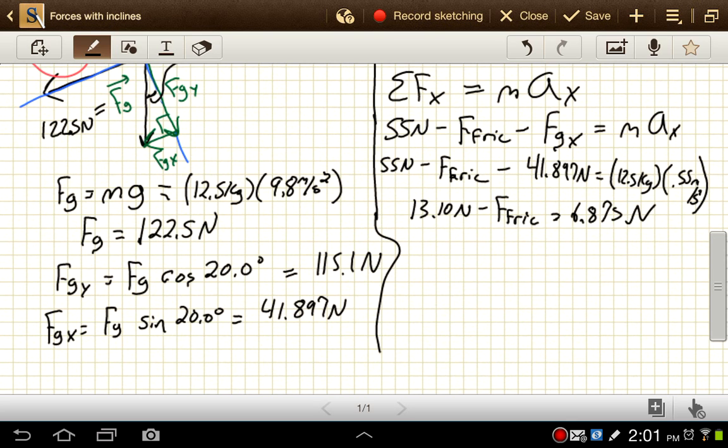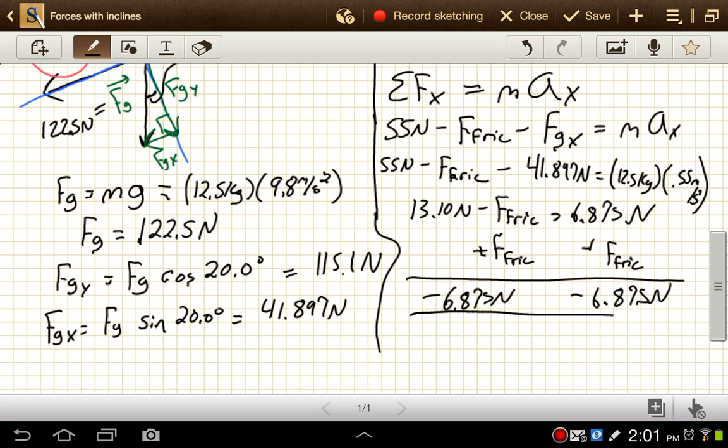Okay, so we'll add the force of friction to both sides and then subtract the 6.875 newtons. And we get the frictional force by itself over here. And that's equal to the 13.1 minus the 6.875, and we get 6.225 newtons.